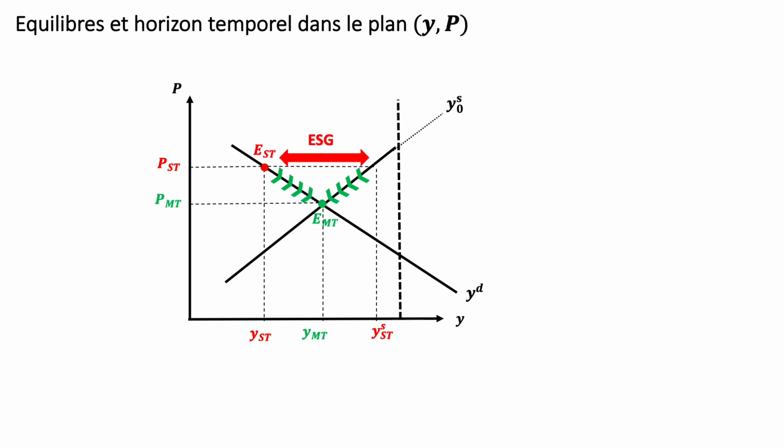In the long term, because the real wage has become higher, the nominal wage decreases and the curve YS shifts to the right. Indeed, remember that W is not expressed in the axis, which is why the decrease in W results in the curve YS to actually shift.